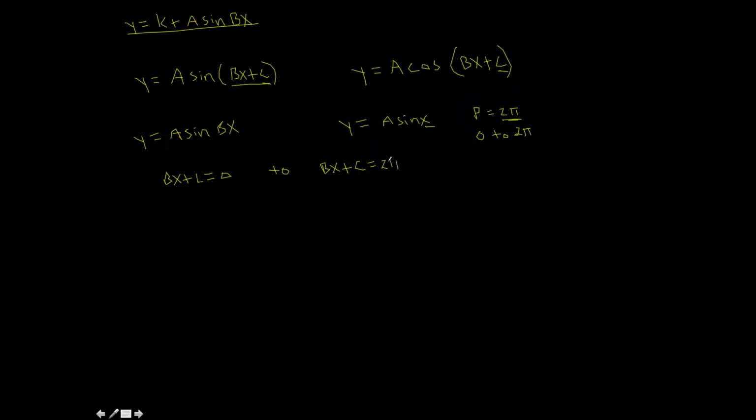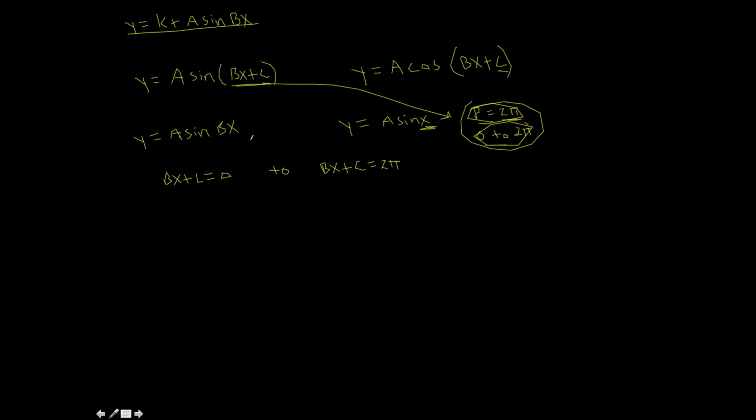Now, what we're doing is we're taking what we already know and applying our newfound bx plus c to it, because x equals this. So bx plus c has to equal that as well.